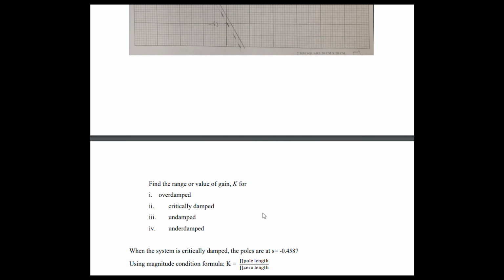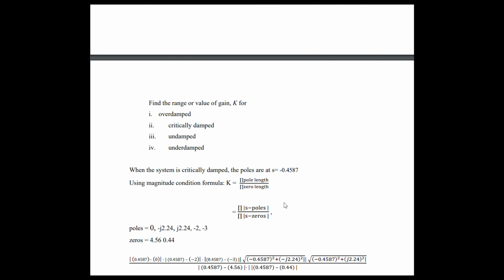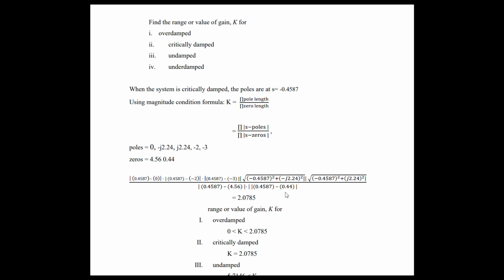And last, we need to find the range of values of K for overdamped, critically damped, undamped, and underdamped. When the system is critically damped, the pole is at S equals 0.4587. Using our magnitude condition formula, K equals pole length over zero length. The poles are 0, negative j2.24, j2.24, negative 2, and negative 3.